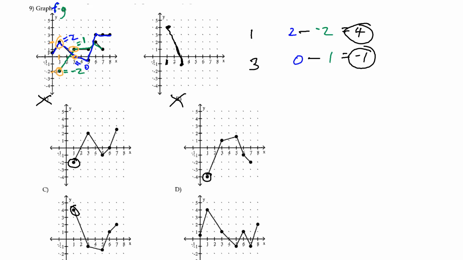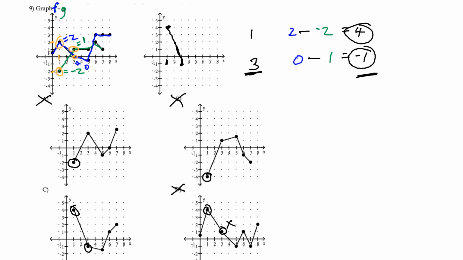So is D. At 1, we have positive 4. We know that at 3, we're supposed to have negative 1. So at 3, right here, we have negative 1. On D, at 3, we have a positive 1. So we know that's not right.